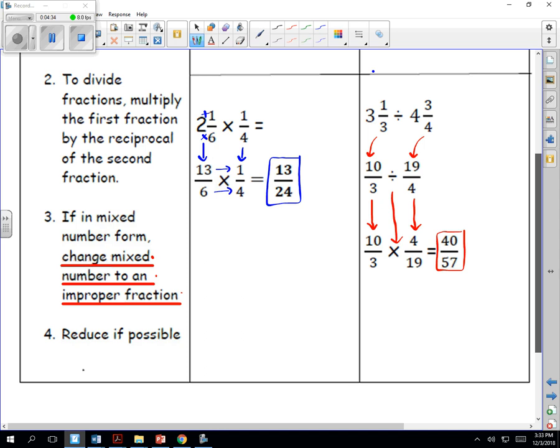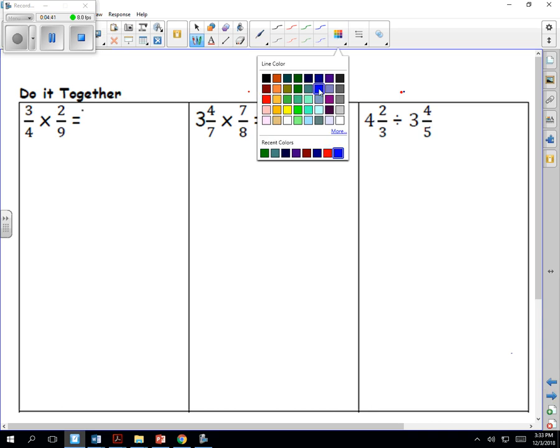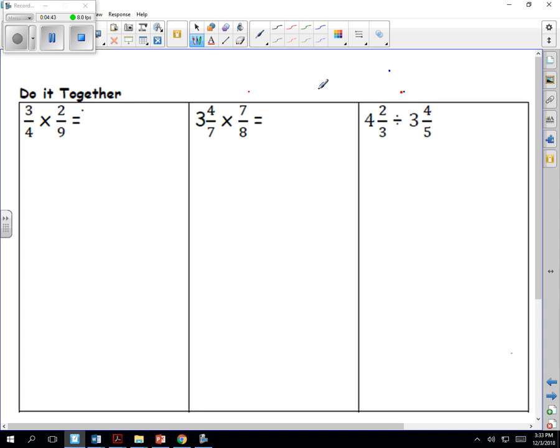All right, we're going to page 2 of the notes from today. And we should be at the top where it says do it together. You'll notice our first problem, 3/4 times 2/9. Both of these are proper fractions, so we can leave them as is. We're just going to simply multiply across, and that's going to give me 6/36.